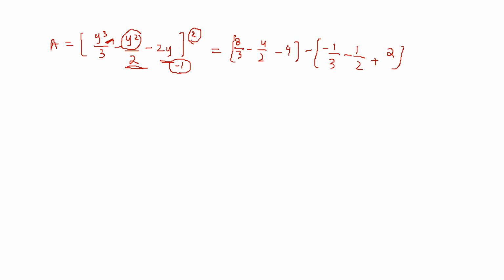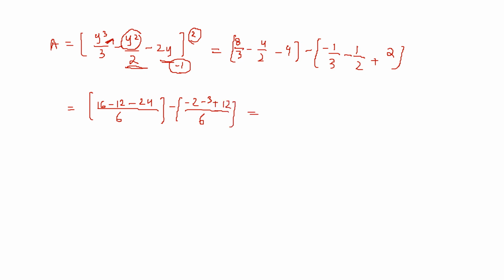Let's simplify these terms. In the first term, the LCM is 6. So in the numerator, I get 8 2s are 16 minus 4 3s are 12 minus 4 6s are 24. Similarly, in the second term, the LCM is again 6, and in the numerator, I have minus 2 minus 3 plus 6 2s are 12.